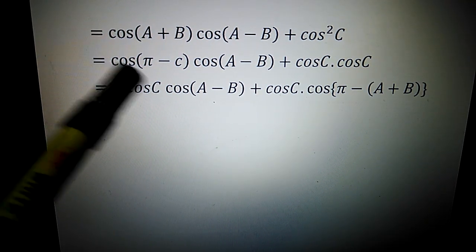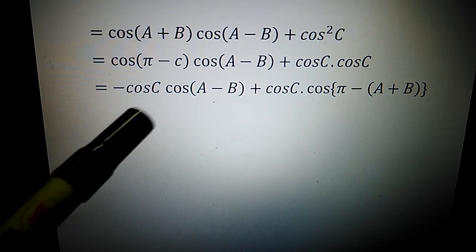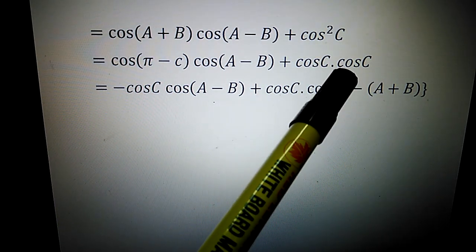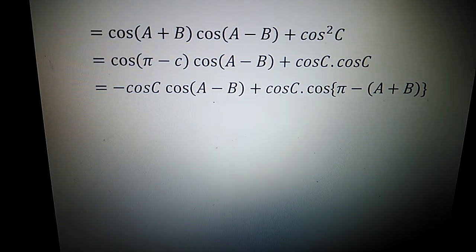Okay, cos (pi minus c) is minus cos c, because pi minus c is in the second quadrant. In second quadrant only sine and cosec are positive, rest of the trigonometric ratios are negative. That's why it is minus cos c, cos (a minus b). And instead of cos c we write cos (pi minus (a plus b)).